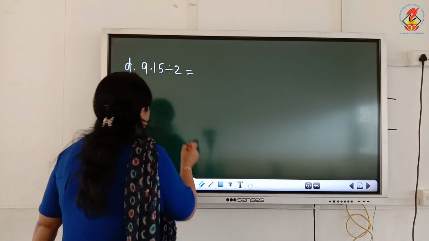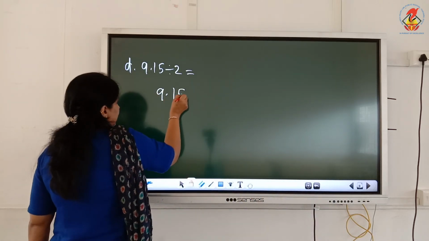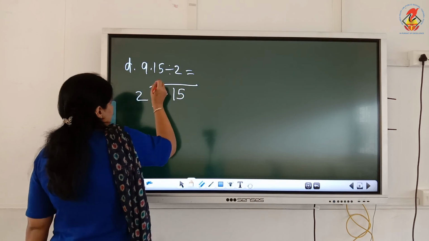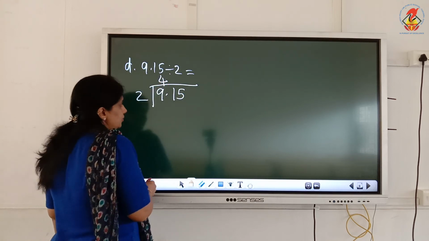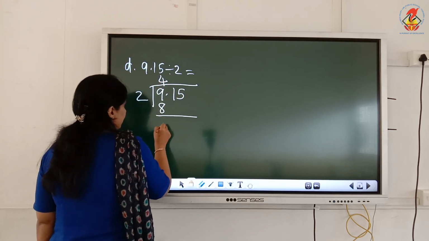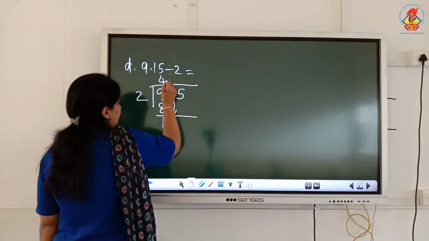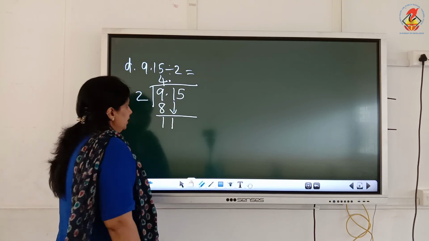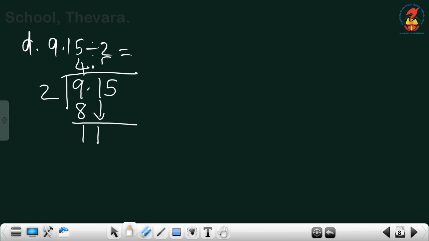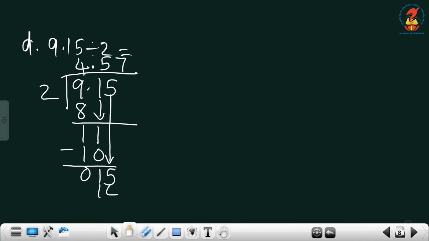And the next one is 9.15 divided by 2 only, right? And first digit is 9. 2 4s are 8. Remainder 1. Okay. And the next digit down. Before that we need to put one point here also. Okay. And 2 5s are 10. And the remainder is 1. And next digit down. That is what? 5. And 2 7s are what? 14.